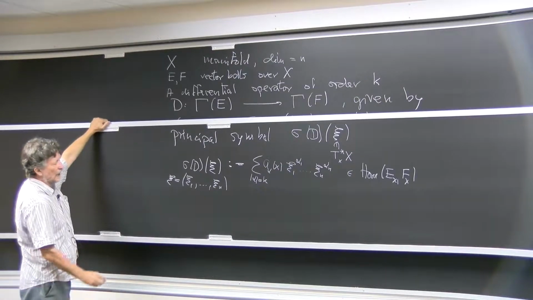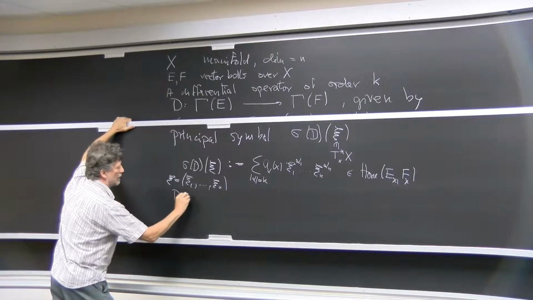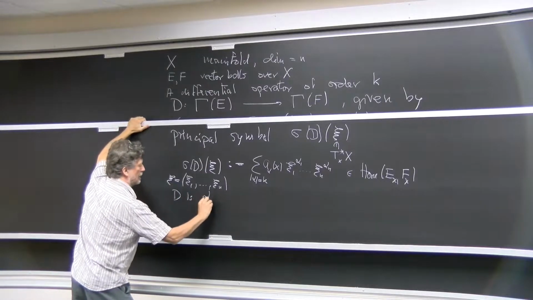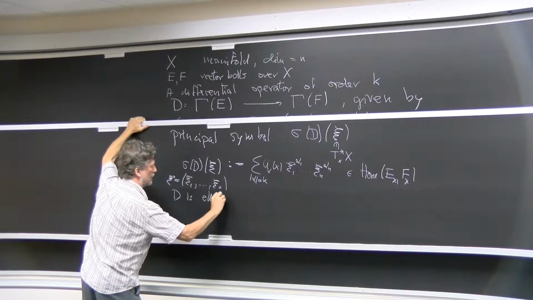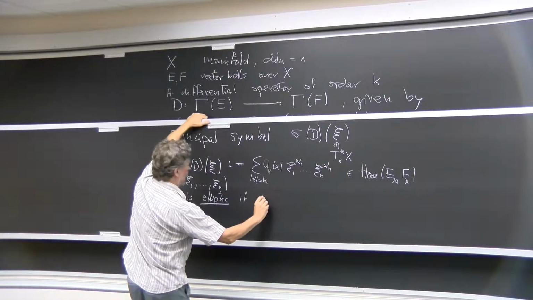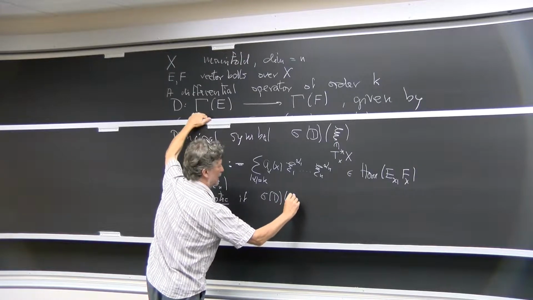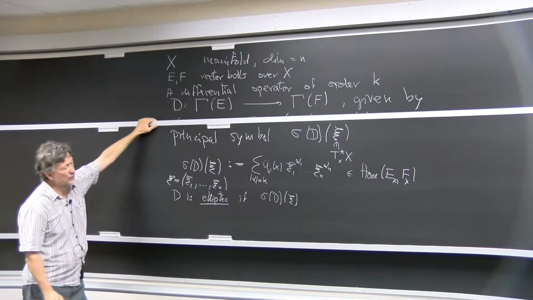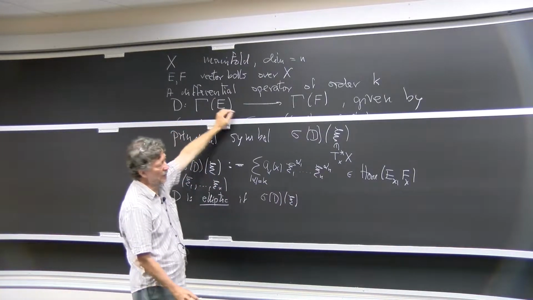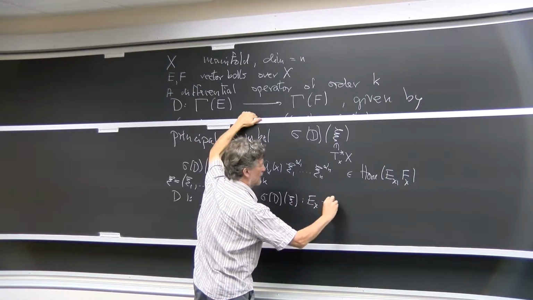So the important definition then is that D is elliptic if I look at the principal symbol here and evaluate it on a cotangent vector. So this is a linear map from E_x to F_x.